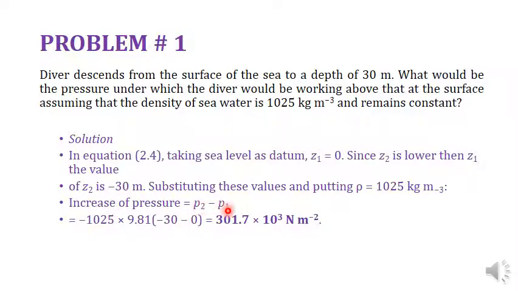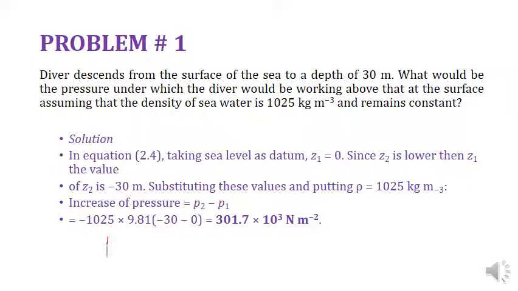So P2 is the surface level, so it will be 0, but P1 is the point where the diver is within the water. So it will be minus 1025 into 9.81, that is rho g h.